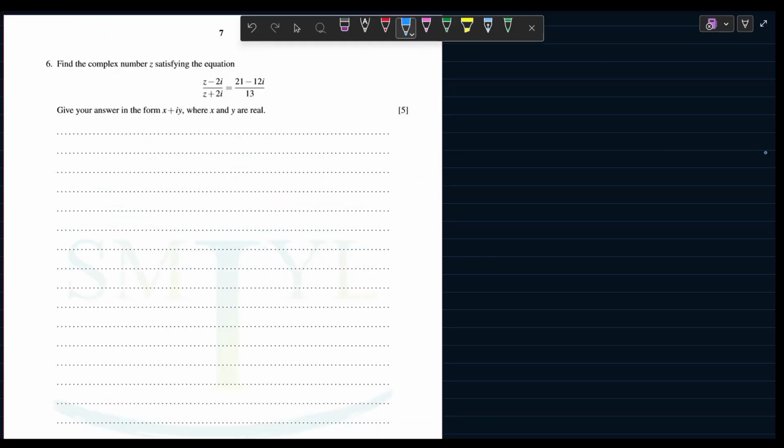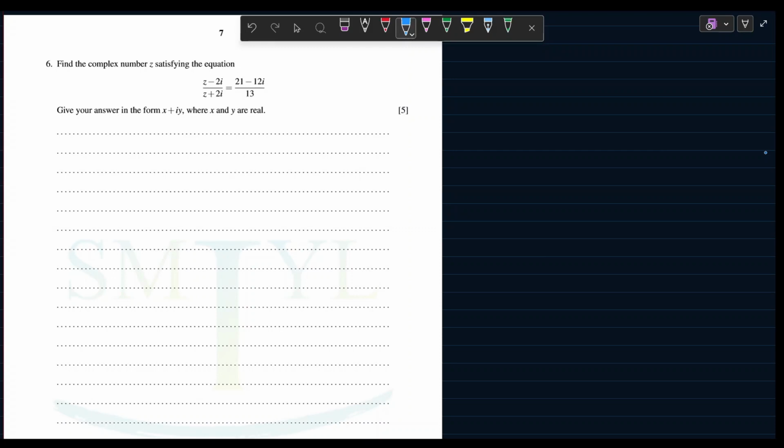Number 6, find the complex number z satisfying the equation z minus 2i over z plus 2i is equal to 21 minus 12i over 13. Give your answer in the form x plus iy, where x and y are real.